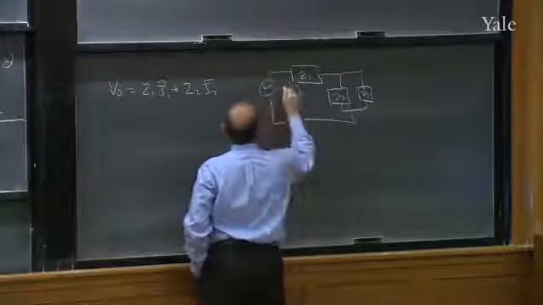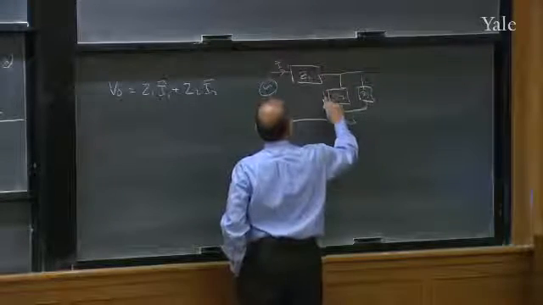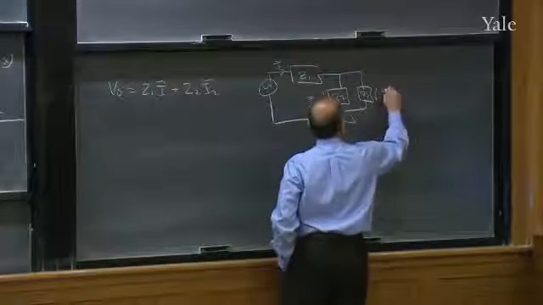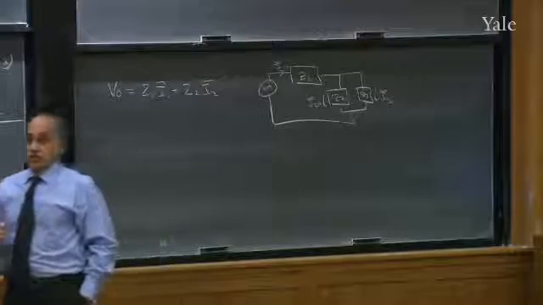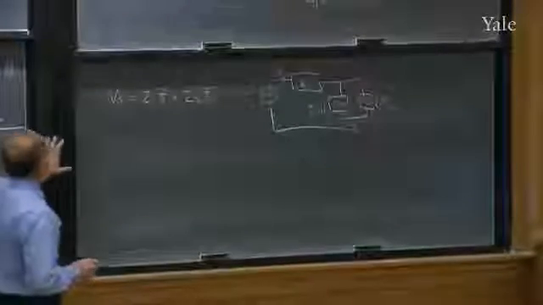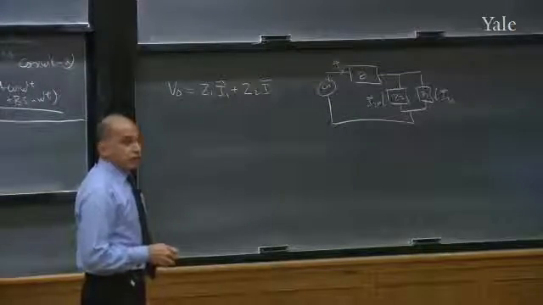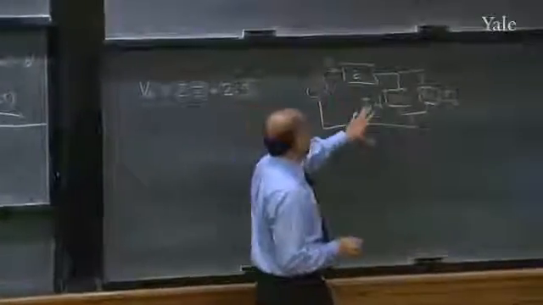Join them, bring them out. Call the current here as I1 twiddle 0. The current here is I2 twiddle 0. The current here is I3 twiddle 0. And these constant numbers, they have no time dependence, obey the same equations as the real currents did in the real problem. So it's like a DC problem. The only subtlety is the impedances are complex.